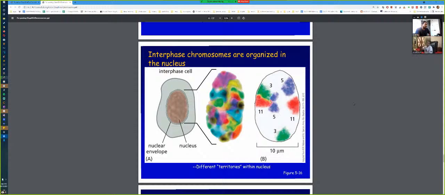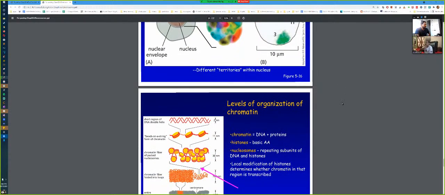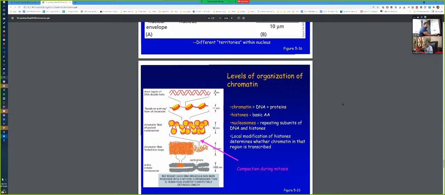Interphase chromosomes are organized in the nucleus. And you remember this stuff with the histones and things like that? That pretty much determines how much it condenses and how much is expressed. So chromatin is essentially a name for DNA and proteins.